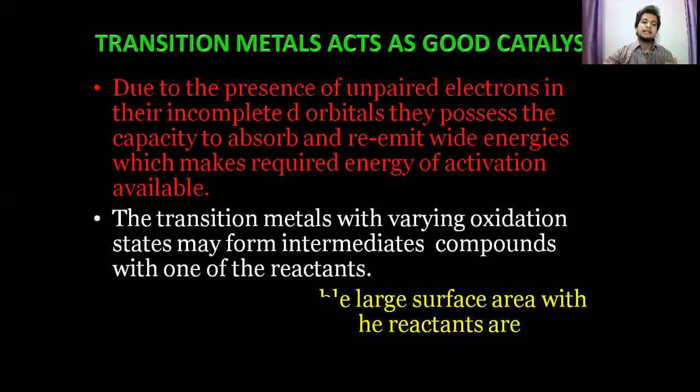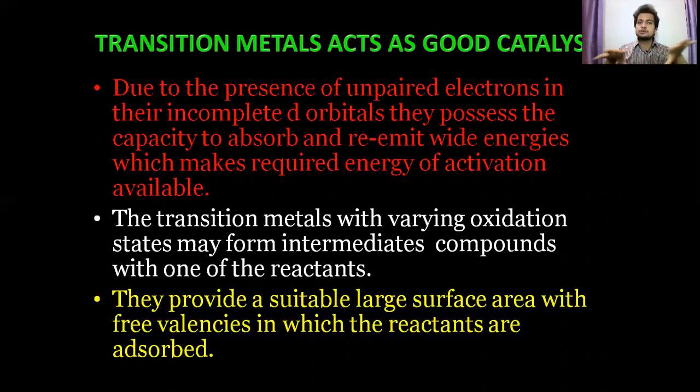The third reason is that they provide a large suitable surface area. If it acts as a surface catalyst, the more the surface area, the more the adsorption of the reactant, and the better the catalyst. So adsorption can take place very easily for the reacting material, and as a result it acts as a very good catalyst.